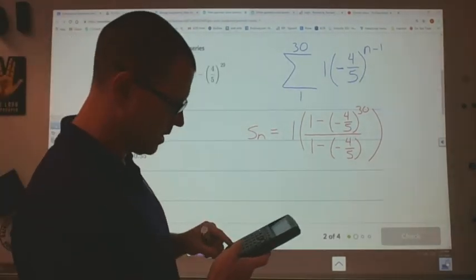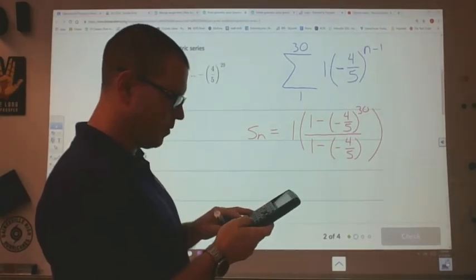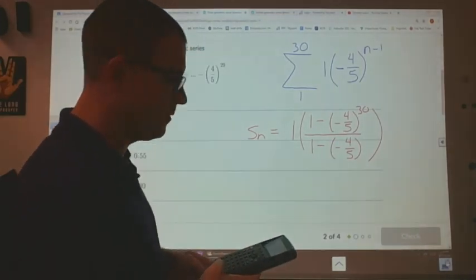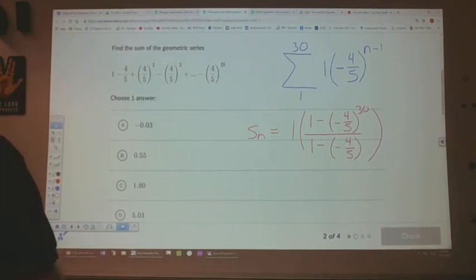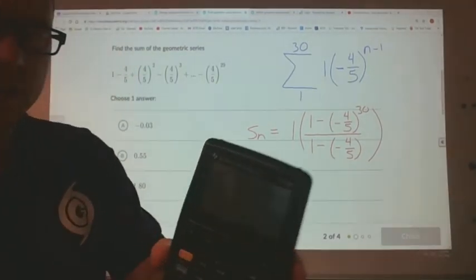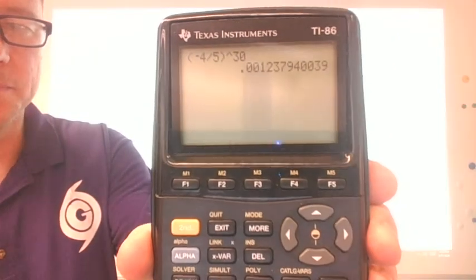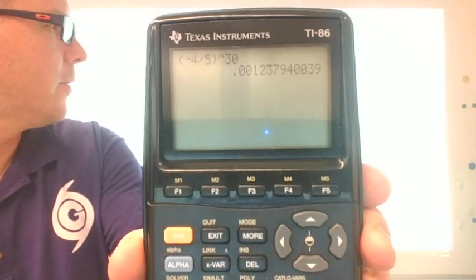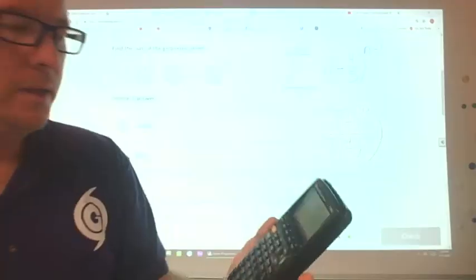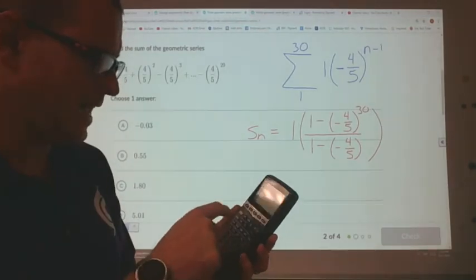But so we do negative 4/5 to the 30th power. So I'm going to show you how I do it. So there's that first one. Can you see? There it is. Negative 4/5 to the 30th power. Yep. And then I do 1 minus that answer.